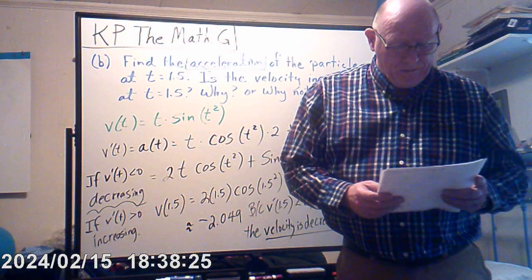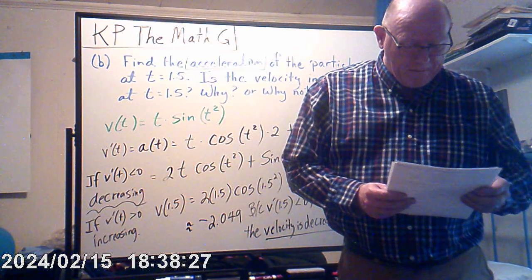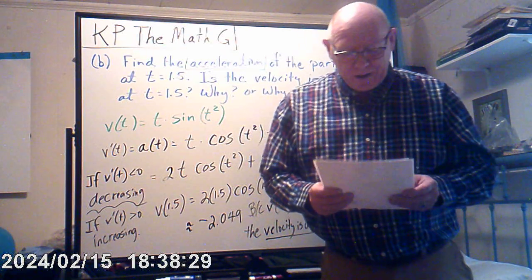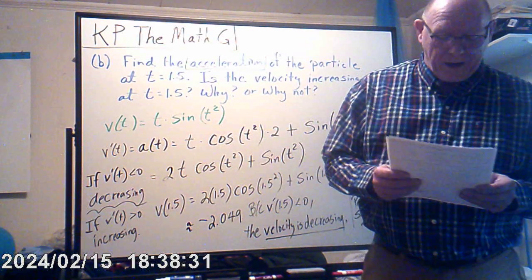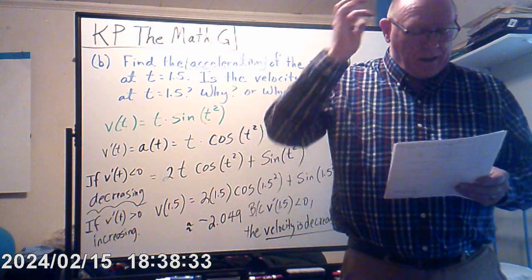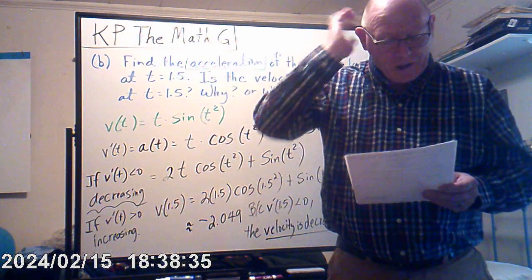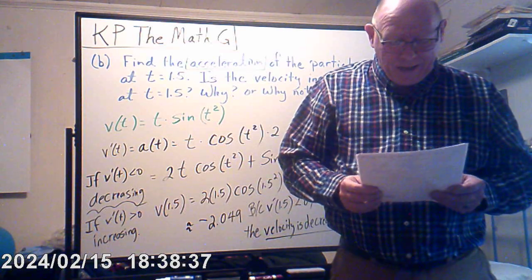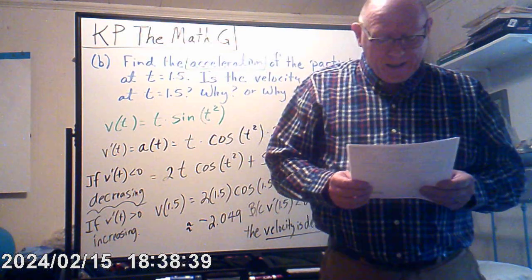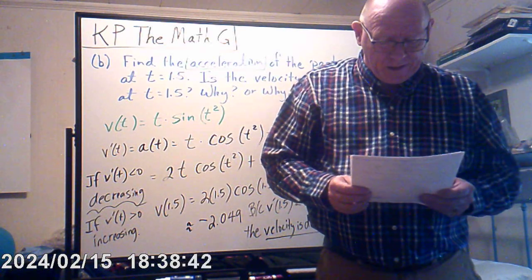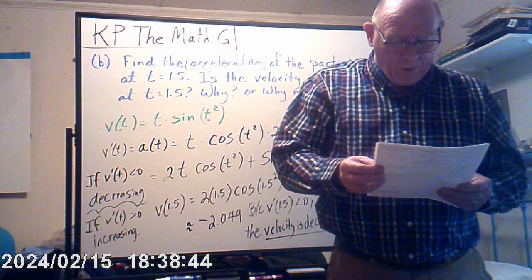So far, based on parts A and B, part A is just 1 point, answer and reason. Part B is 2 points, finding a at 1.5 and finding the reason. So far 3 points.